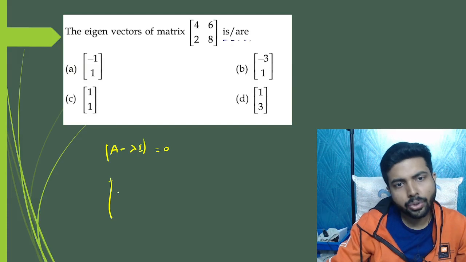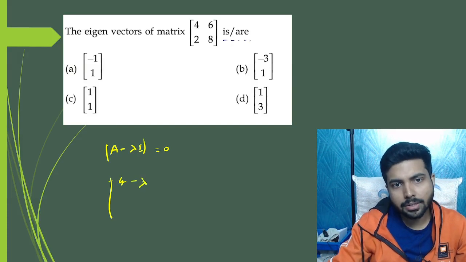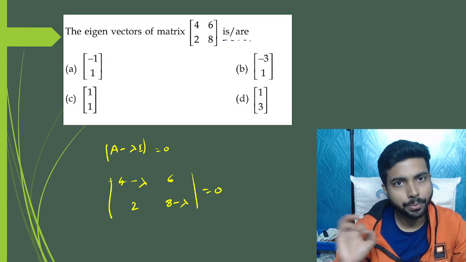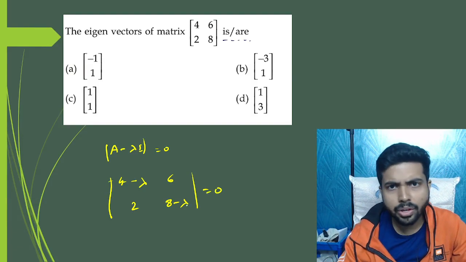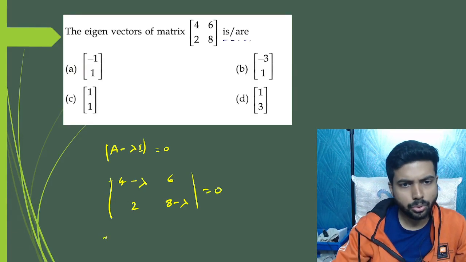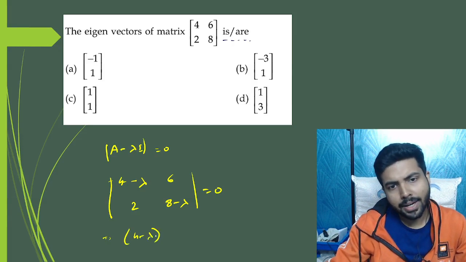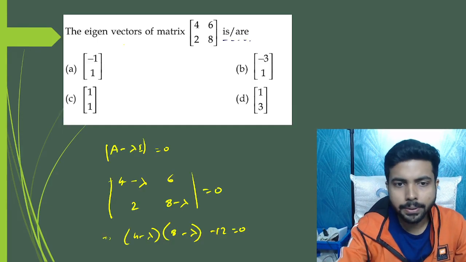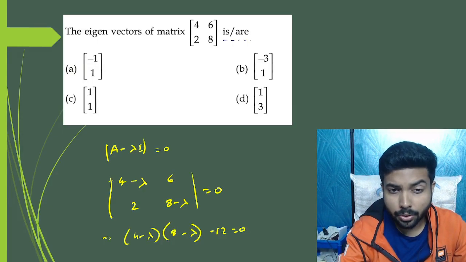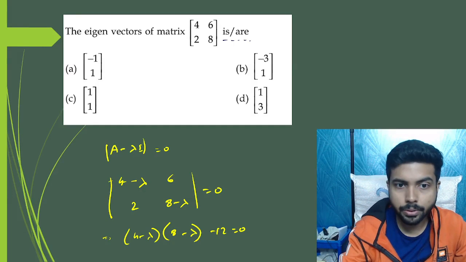तो आप इसको डिटर्मिनेंट करते हो, 4 minus lambda 6 2 8 minus lambda, that is equal to 0, right? Now you solve it a little: 4 minus lambda times 8 minus lambda minus 12 is equal to 0. So when you do it, it's going to come 32 minus 4 lambda minus 8 lambda plus lambda square minus 12. Am I correct?